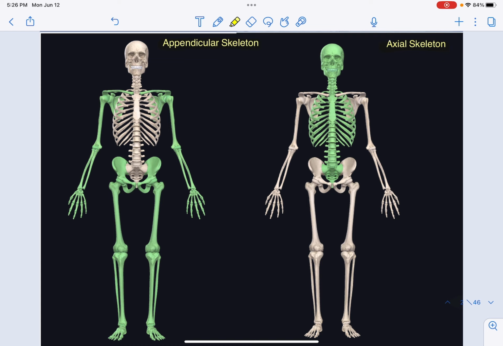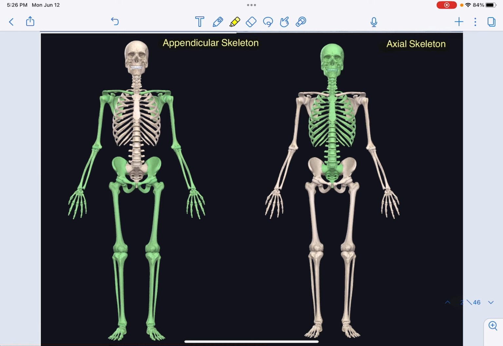So we're going to start working. The next series of lectures will talk about the skull bones, what bones make up the skull, and then some of the features that you're going to find on these bones, which we will look at during lab. And then finally, we'll talk about the muscles that attach to those bones.